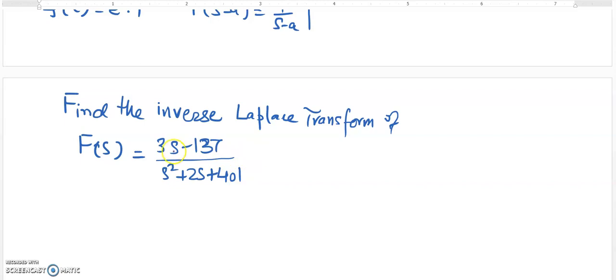So it is a cleverly written Laplace transform. We need to find its inverse Laplace transform.